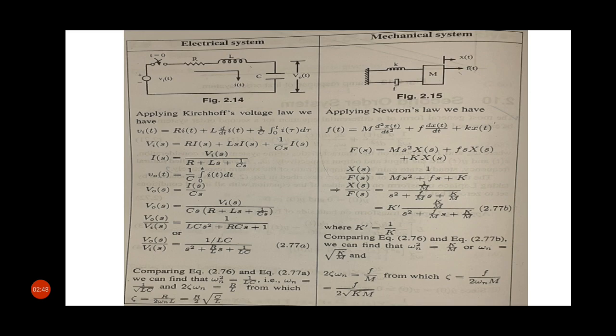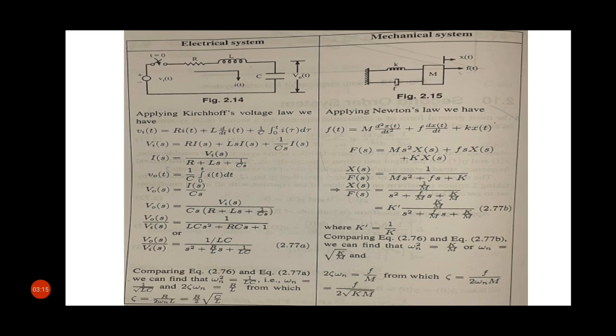After applying Laplace transform, V i(s) equals R I(s) plus L s I(s) plus 1 by C s I(s). After taking the common I(s), we can write I(s) equal to V i(s) divided by R plus L s plus 1 by C s.